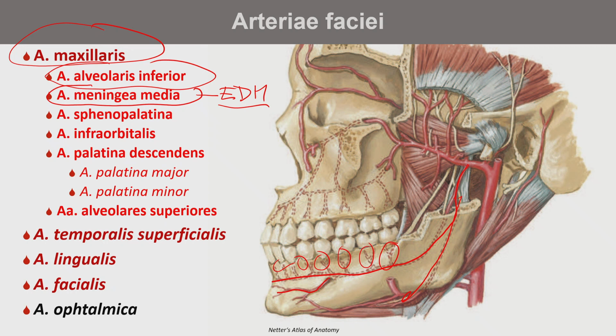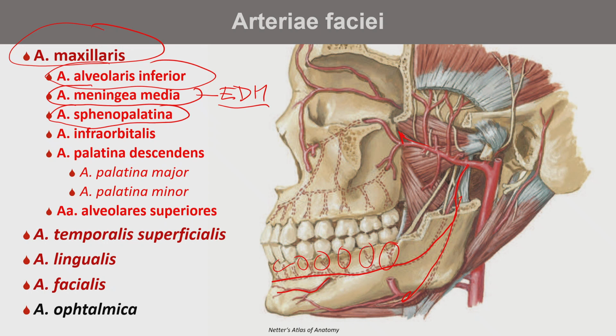Then, the next important artery is the sphenopalatine. Sphenopalatine artery is going to the foramen sphenopalatinum, and this artery is important for supply. You can hear sphenopalatine, so sphenoid bone and palatum, and except the sphenoid bone also the inner surface of the nasal cavity.